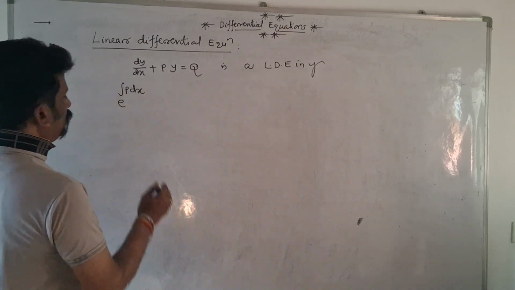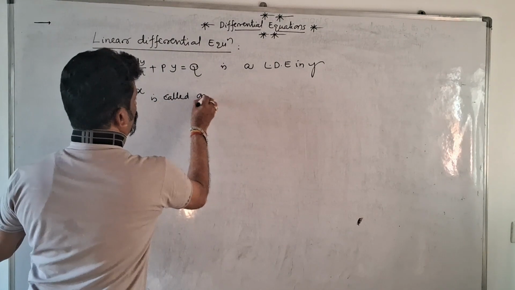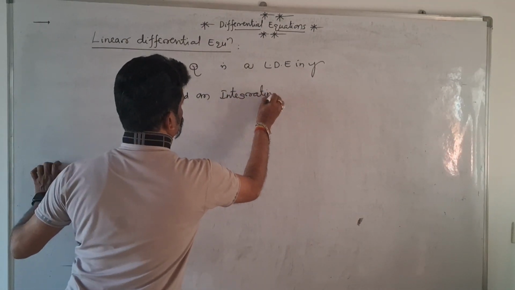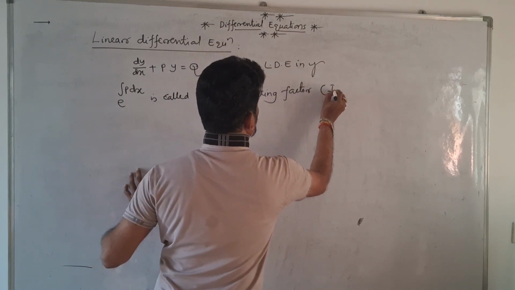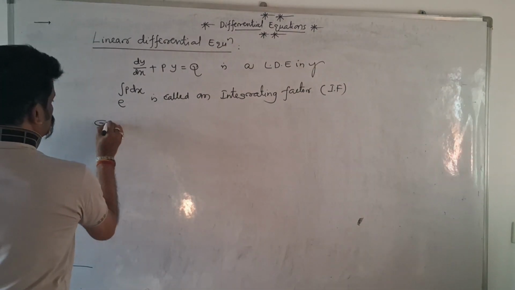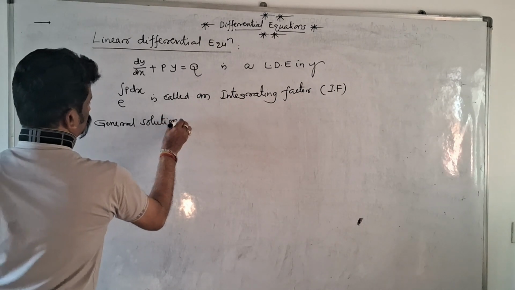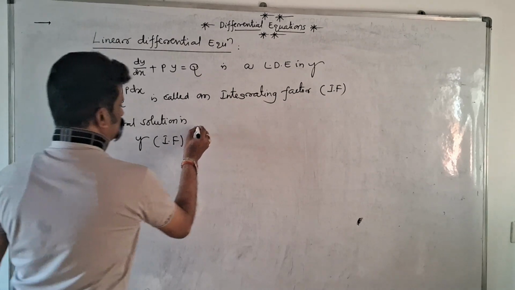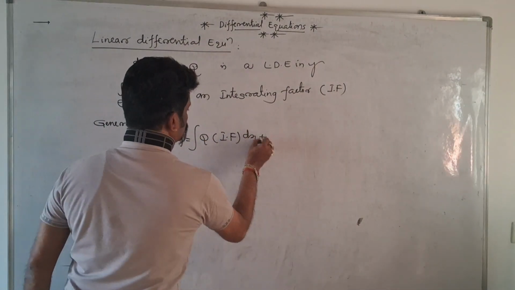So e to the power of integration p dx is called an integrating factor, simply denoted by IF. Now the general solution is y into IF is equal to integration q into IF into dx plus c.